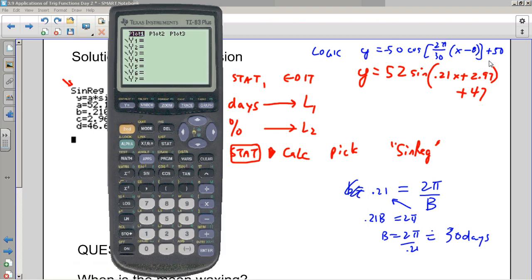This is the model that we came up with, logic style. Cos of 2 pi divided by 30, x minus 8 bracket, and then that ends that bracket, and then I got to end this bracket, so bracket plus 50, and have a look.